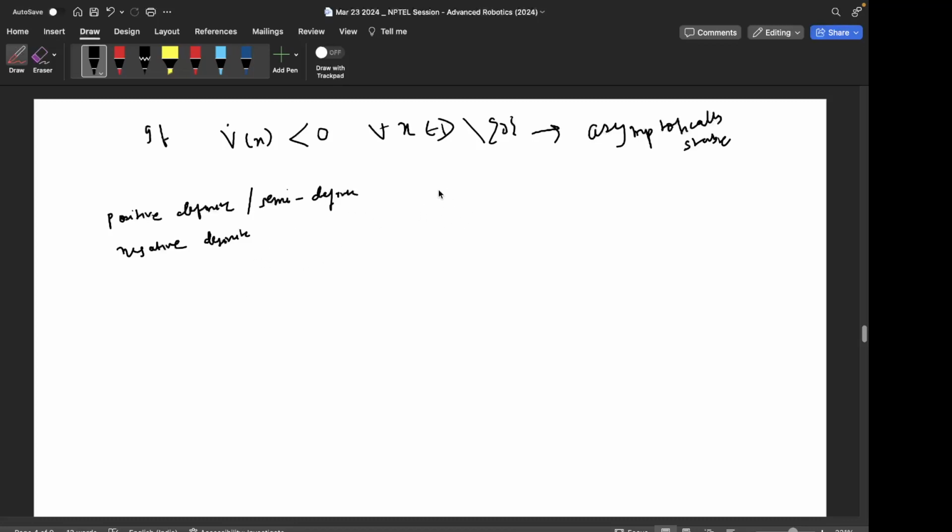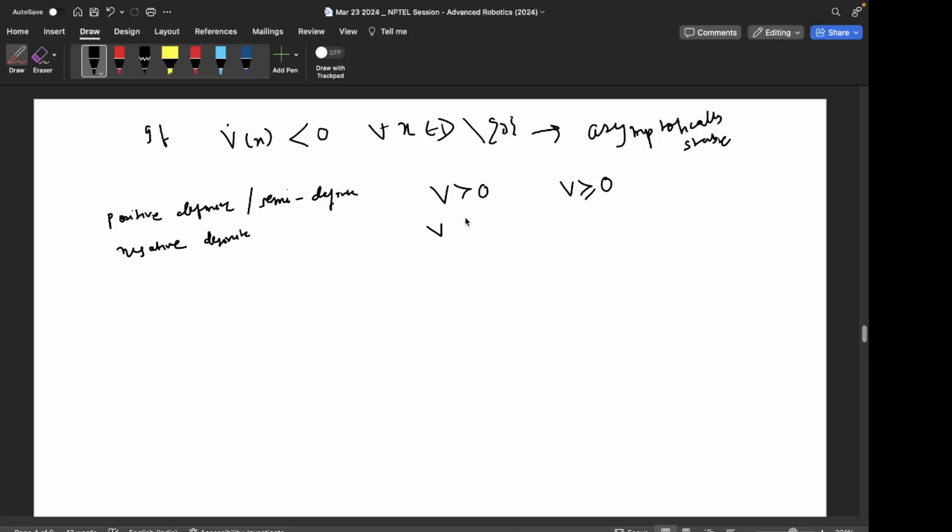This kind of symbol is used to denote positive definite. Positive definite means that it is always positive. Positive semi definite means a function which is either 0 or positive.